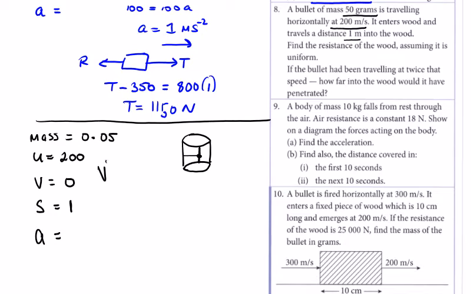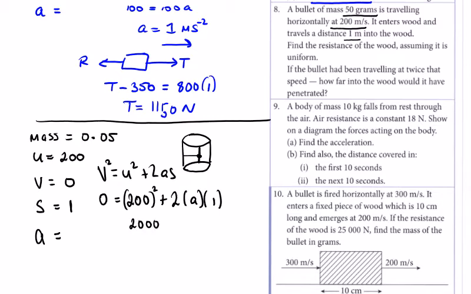So again, v squared is equal to u squared plus 2as. It stops, hit at 200. Sorry, 200 squared plus twice my acceleration, which is what we're looking for, by my distance, which is 1. So we're going to have 200 squared, 1, 2, 3, 4 zeros, 40,000 divided by 2 is going to be my acceleration.